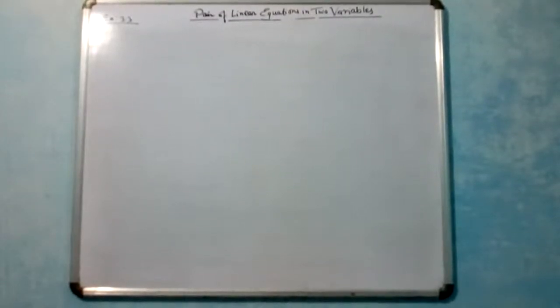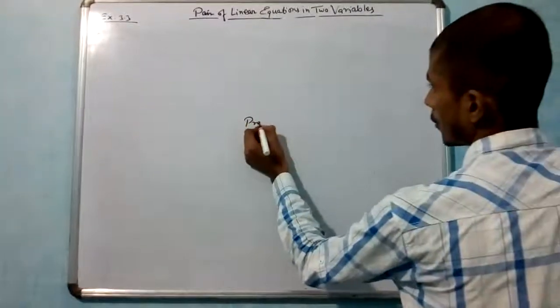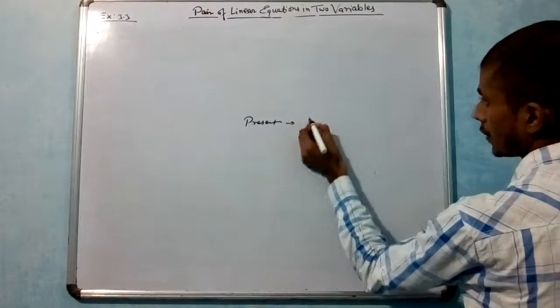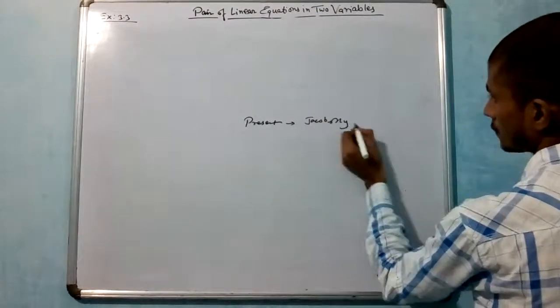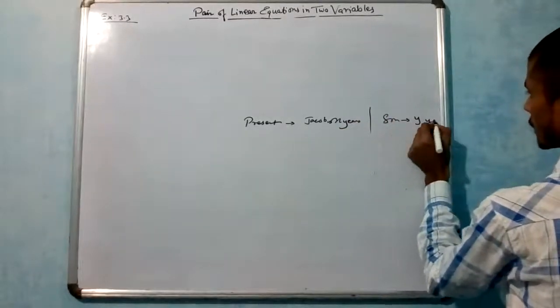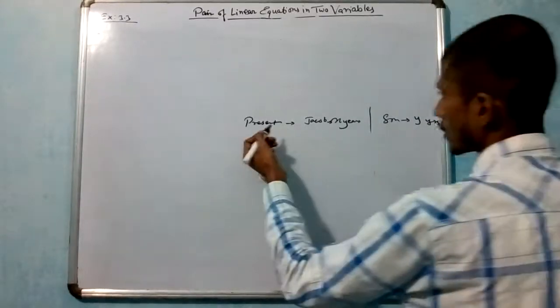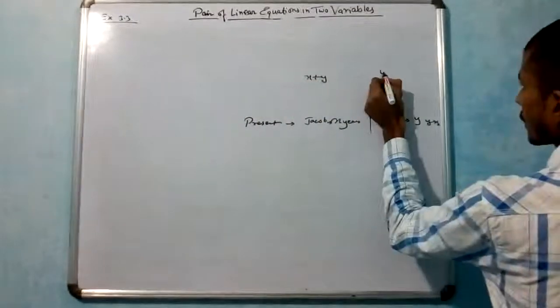And 5 years ago, Jacob was 7 times that of his son. So what I have told, very easy way, Jacob and son, present. So in the present case, let the Jacob be x years and son y years. Fine. Present. Now 5 years hence means after 5 years. So what to do? Add first x plus 5. This is 5 years hence, and y plus 5.